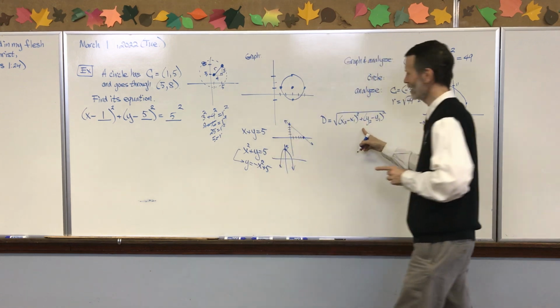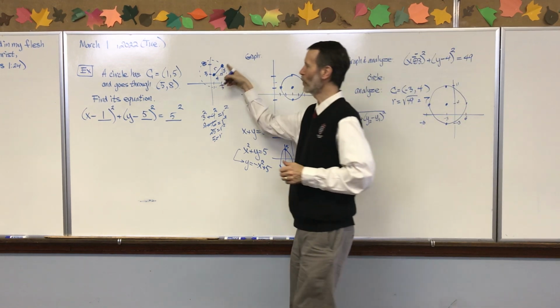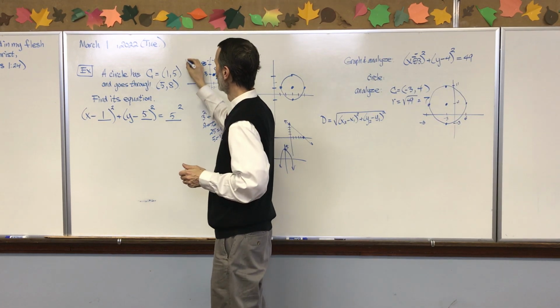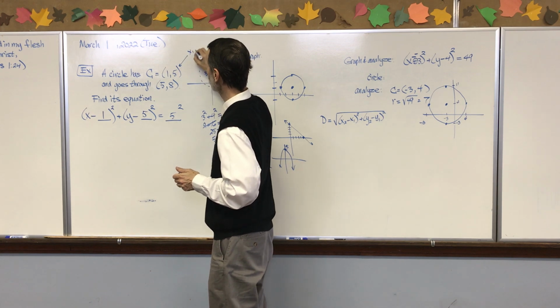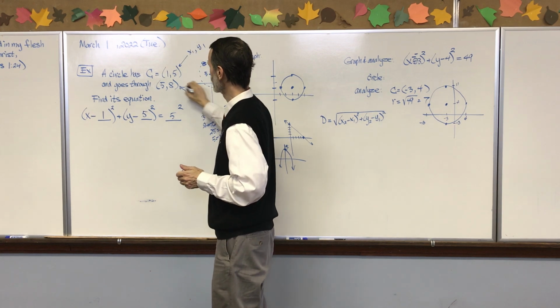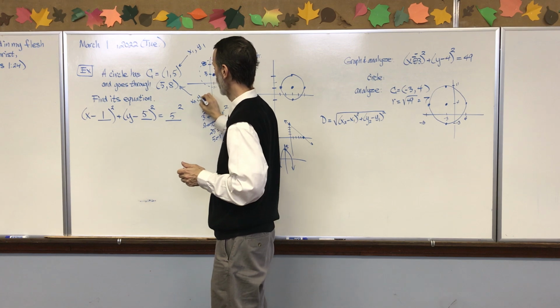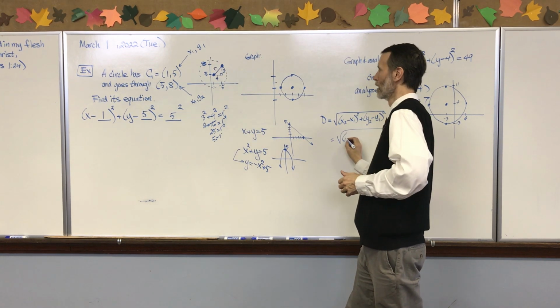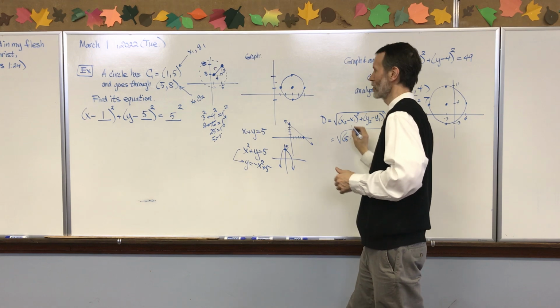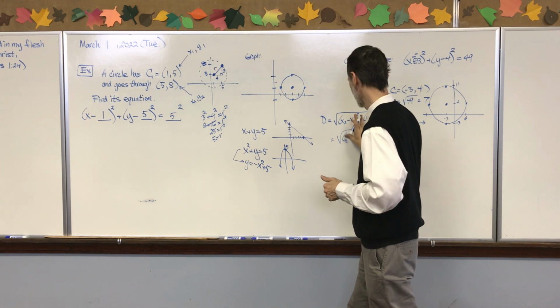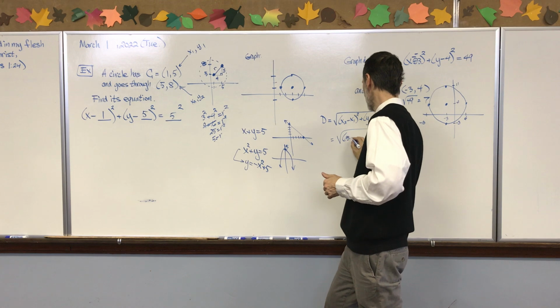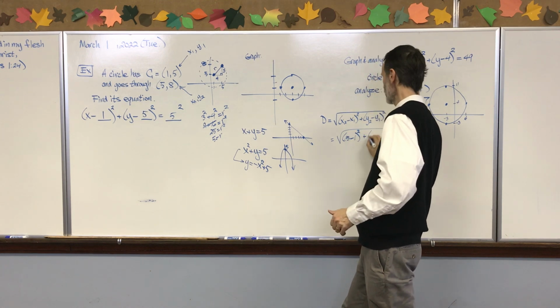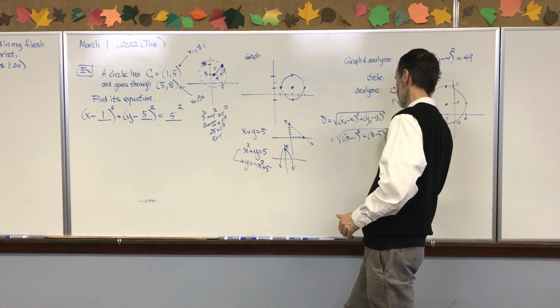Now, if you had tried it in the distance formula, you have to decide which point is which. I'm going to use this point as x1, y1, and this point is x2, y2. It would look like this: the square root of 5 minus 1 parentheses squared plus 8 minus 5 parentheses squared.